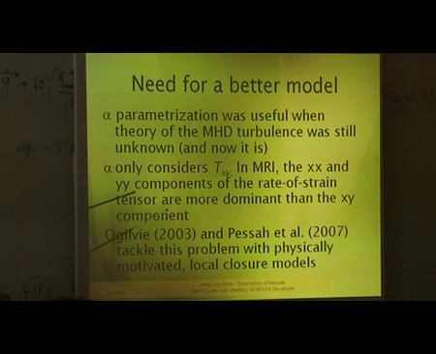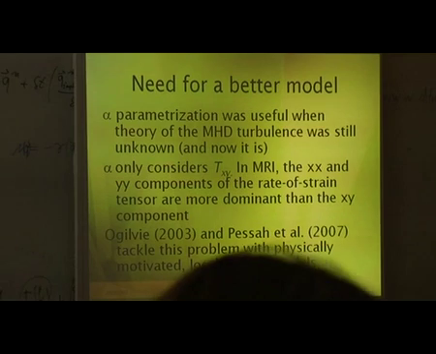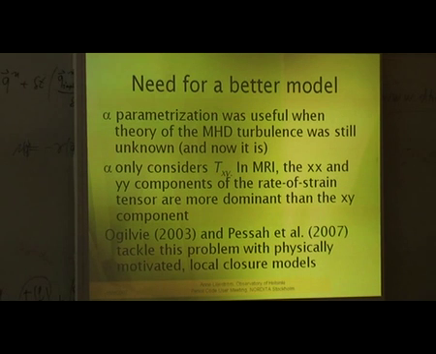In alpha, we only consider these XY components. But actually in MRI, the XX and YY components of the rate of change tensor dominate the XY component. So they should be included.